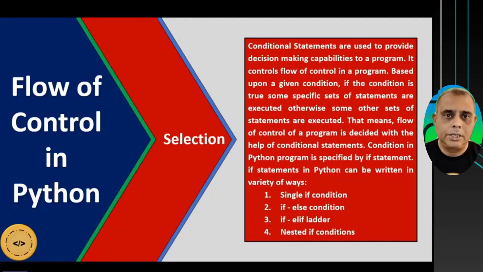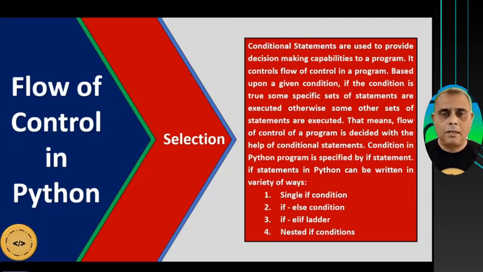Next is selection. In selection, there are conditional statements which determine which block of code to execute. If a specific condition that we are giving in a program is true, then the statement or block of statements written under that if condition will be executed.